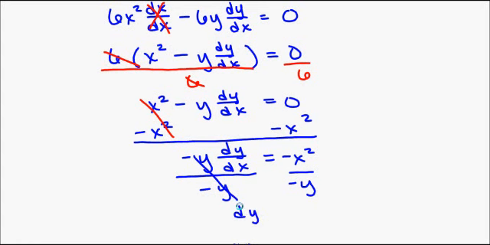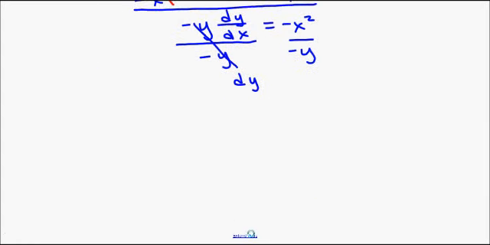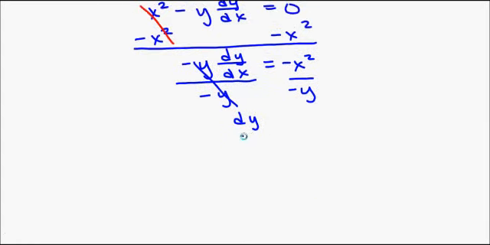And we end up with dy dx equals x squared over y. And this is just because your negatives canceled. So this is our first derivative, so long as y is not equal to 0.